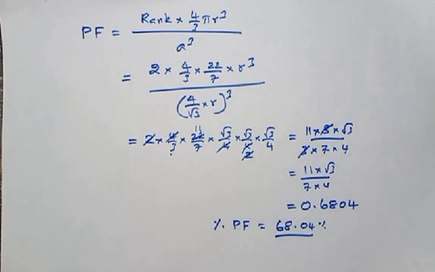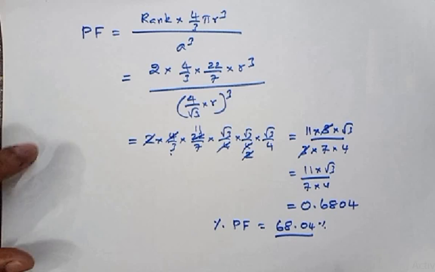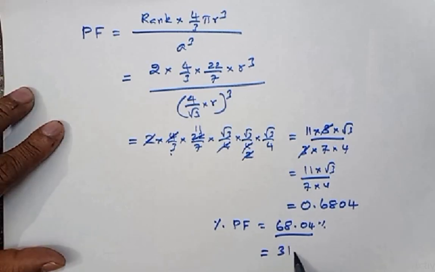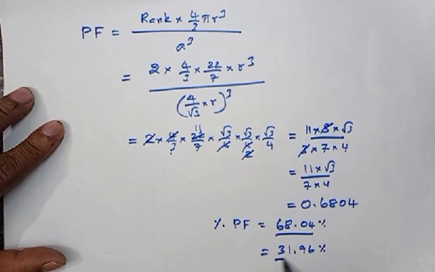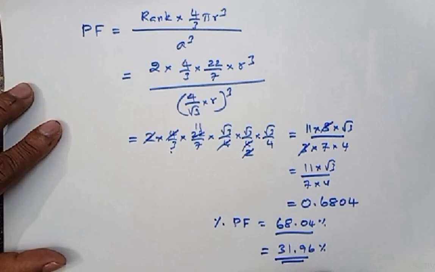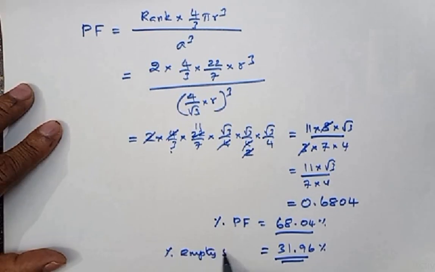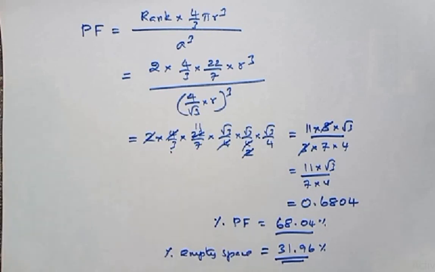The remaining, 100 minus 68.04, is roughly 31.96 percent. 31.96 percent is empty space in the BCC. Empty space is somewhat less. If empty space is less, then stability will increase. Okay, take note.